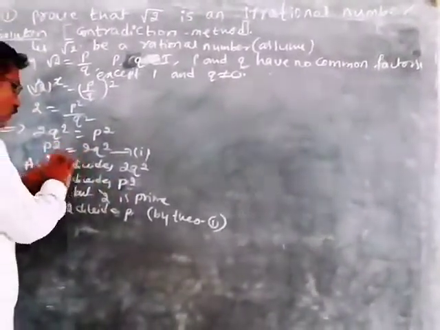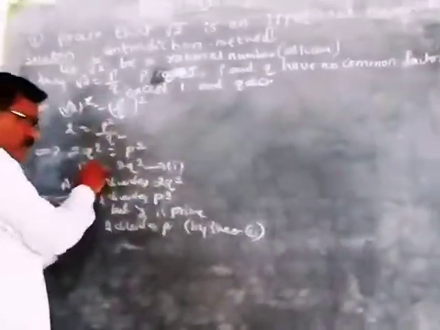You see, 2 divides 2Q square, 2 divides P square.